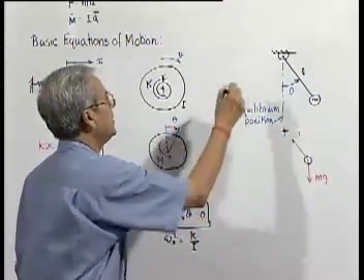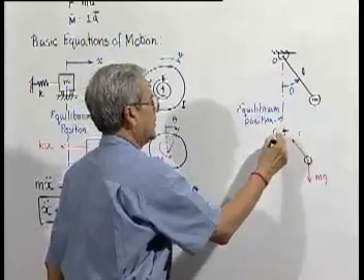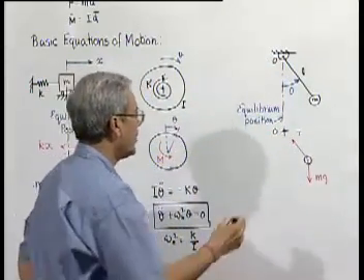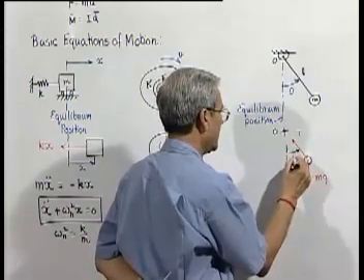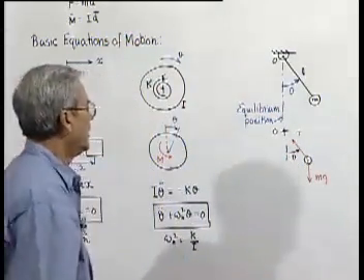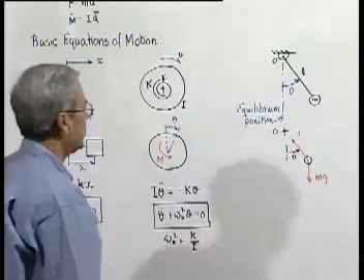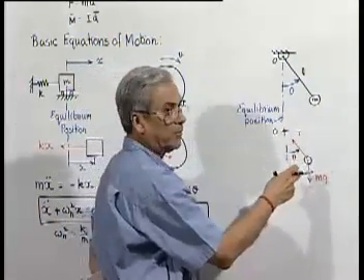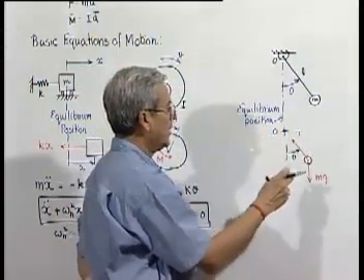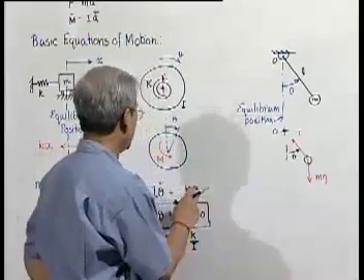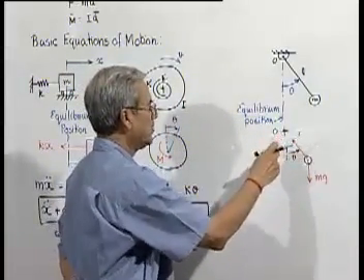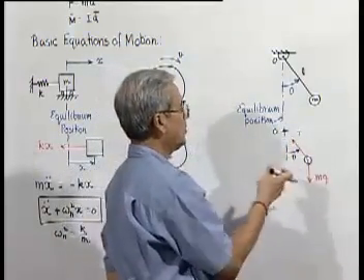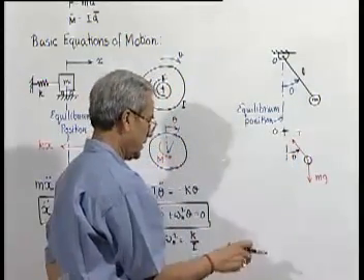That is the hinge. Now what will be the equation of motion for this? We can do it two ways. We can find out the total moment of the external forces about this point O, and then apply the moment of inertia of the system about this into theta double dot, which must be equal to the total moment acting in that direction.